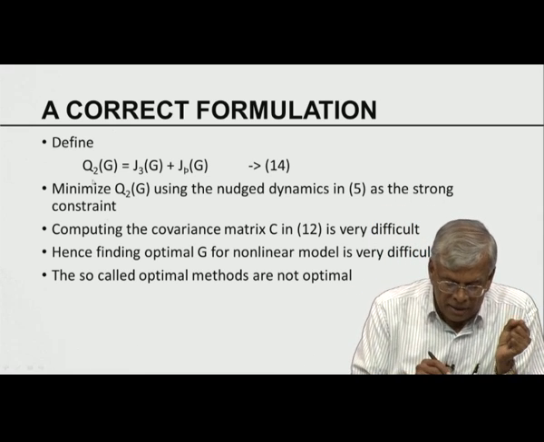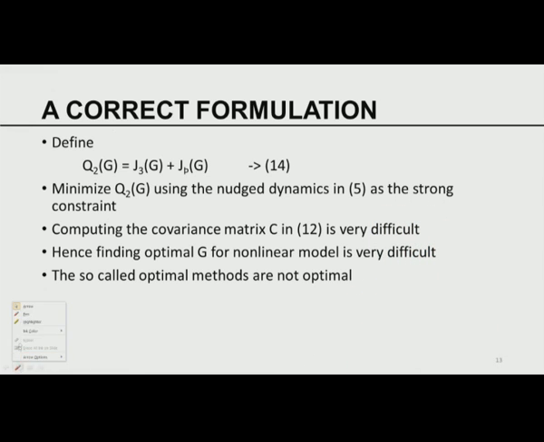So now we can minimize with respect to a new function. Instead of Q1 it is Q2, Q2G is equal to J3G plus JPG. If you minimize Q2G using the nudge dynamics as a strong constraint model, you try to take into account the serial correlation, but computing the covariance C in 12 is not easy.